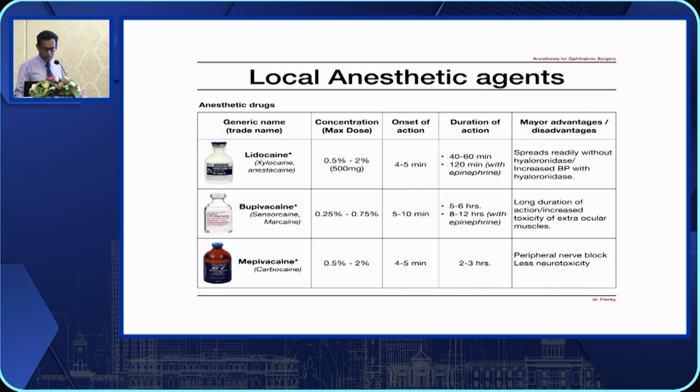Lignocaine is the commonly used one because it is commonly available, with quick onset and short duration of action. Bupivacaine is also commonly used, and we commonly have 0.5% bupivacaine, but it comes in 0.25% to 0.75% concentrations.